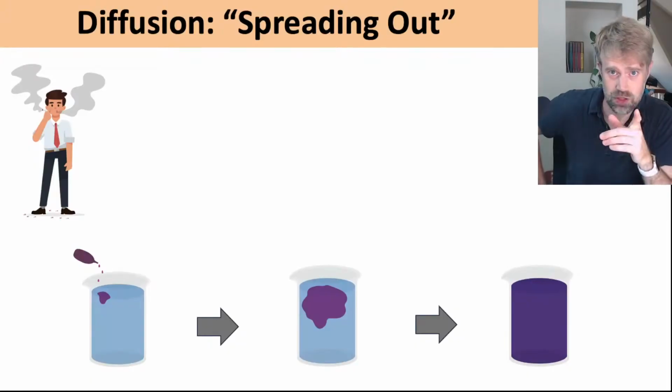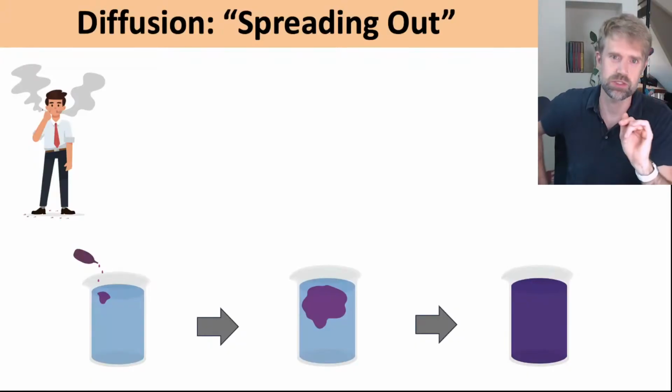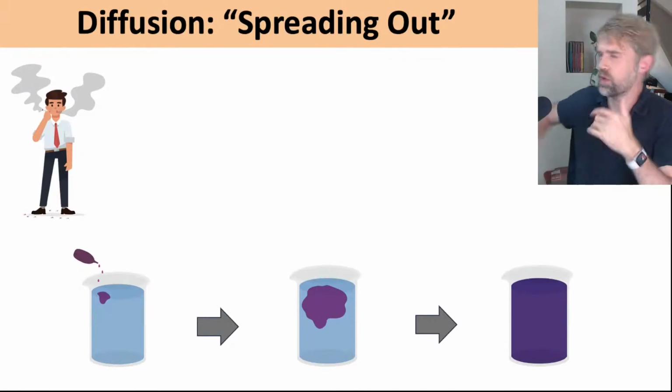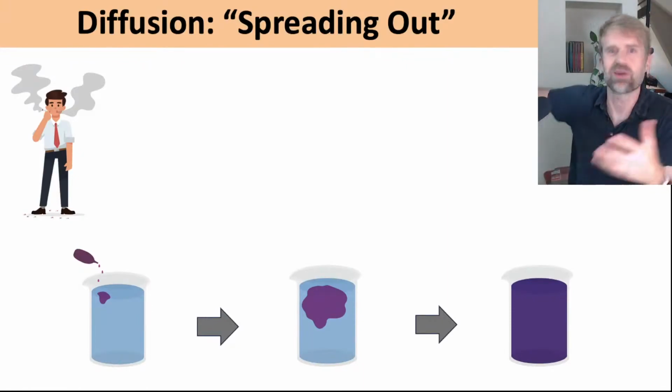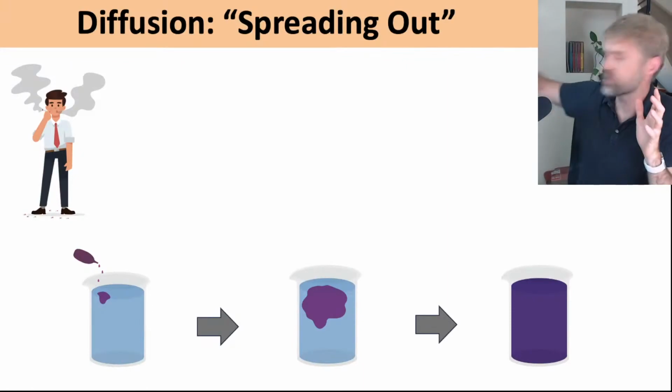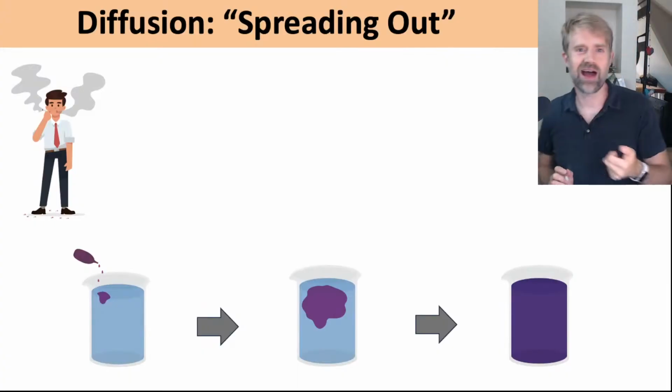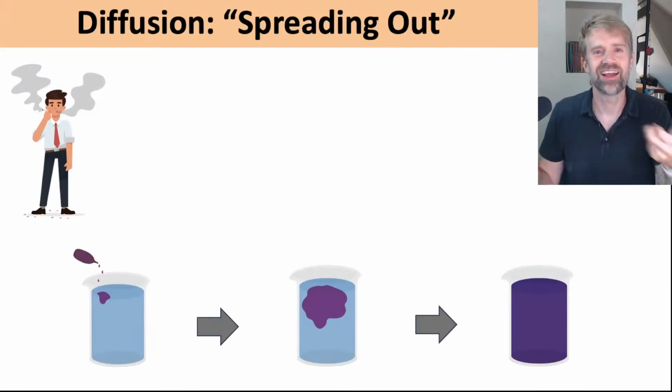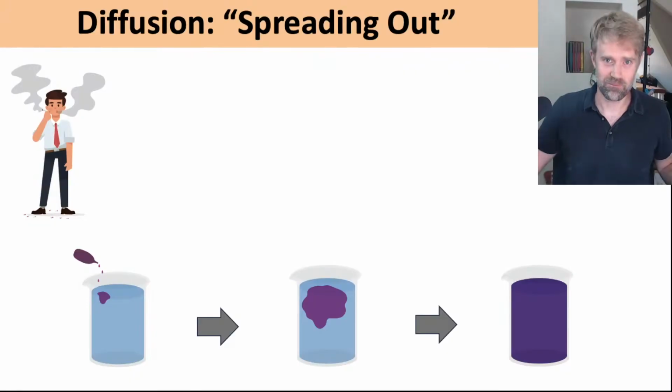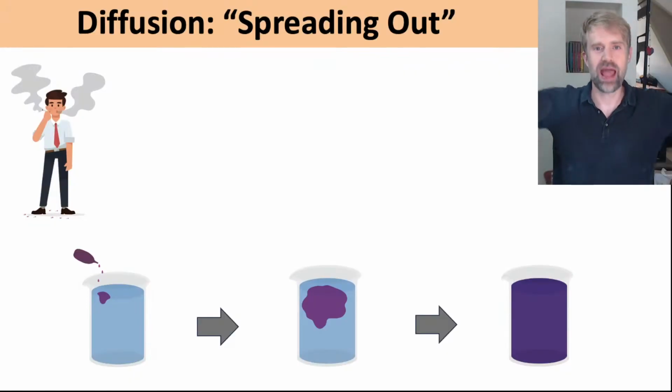Okay. First, I bet everyone has experienced this. You have somebody who is in a restaurant, in a bar, whatever. They're on the other side of the room and they pull out a cigarette. They light up and they start smoking. And what is eventually going to happen to that smoke?